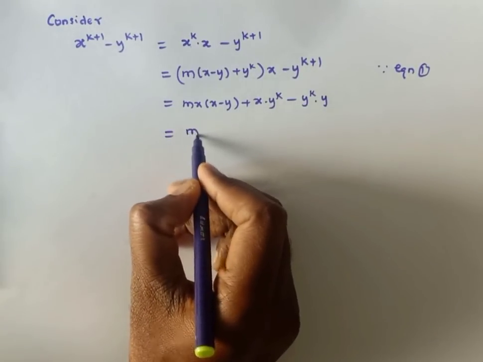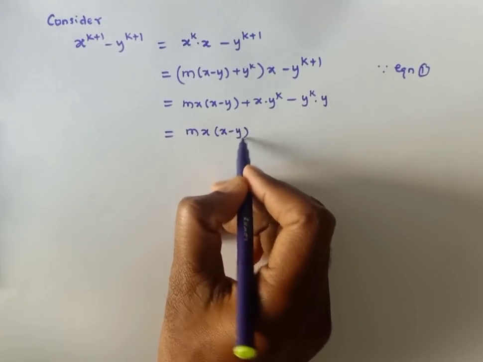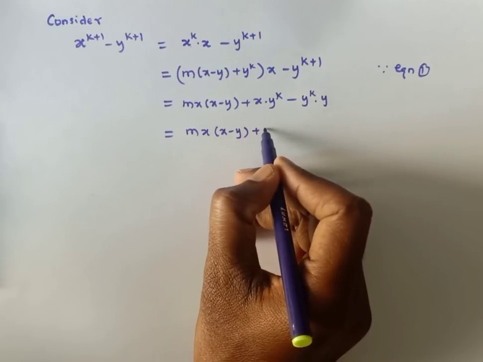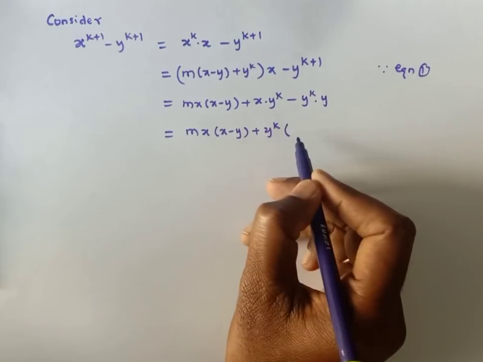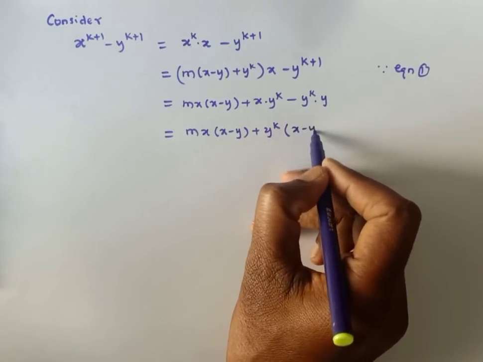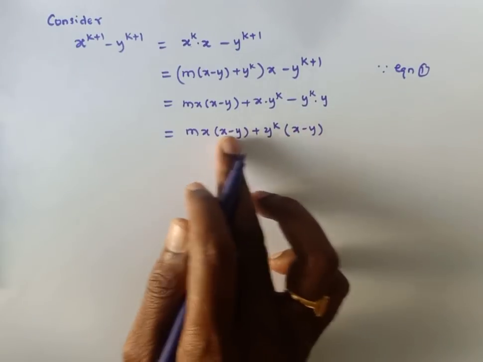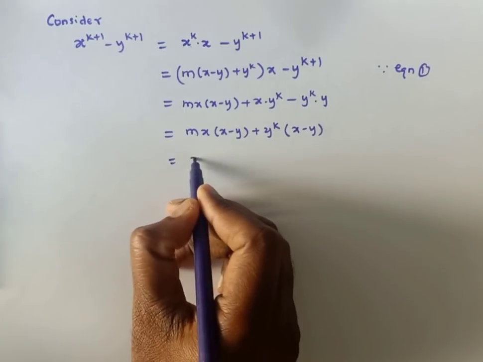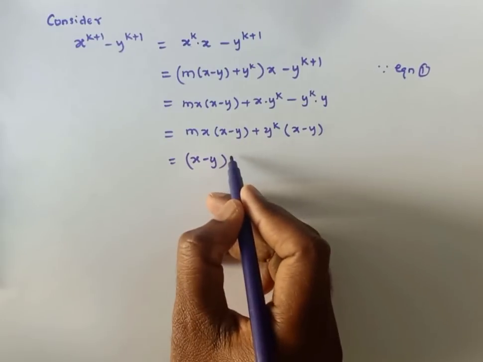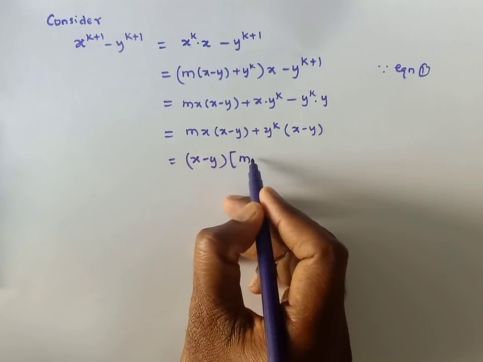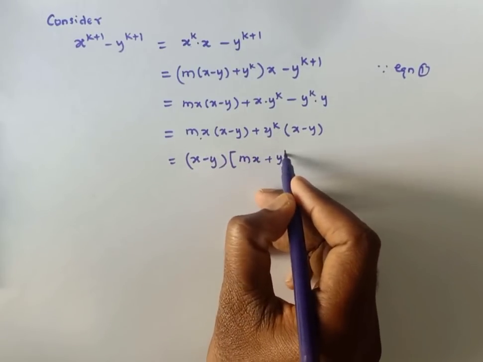This is mx into x minus y plus y to the power of k times x minus y, taking y power k common. Now observe these two terms. Again x minus y is common, so the remaining part is m into x plus y to the power of k.